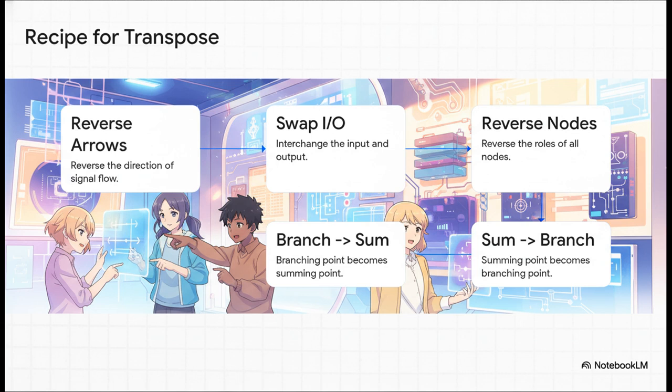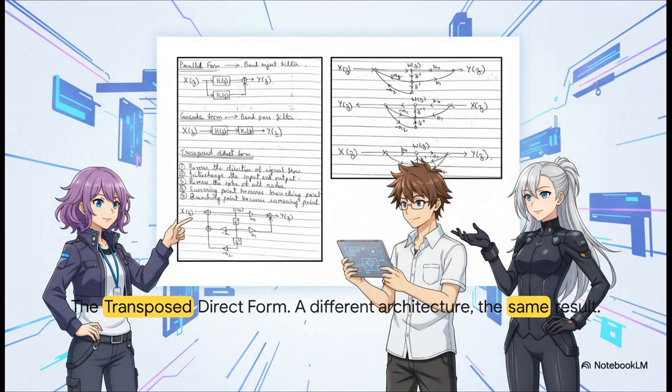Then, you swap the input and the output. And this is the key part. Any spot where signals were added together now becomes a spot where the signal splits, and any spot where it's split now becomes a spot where signals are added. And when you follow that recipe, this is what you get. The transposed direct form. It looks completely different from where we started, right? But the truly wild part is that mathematically, it produces the exact same result.